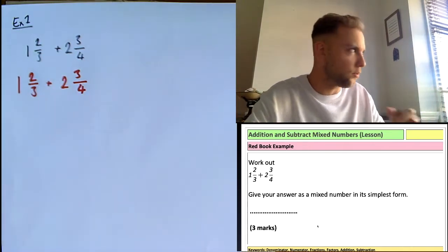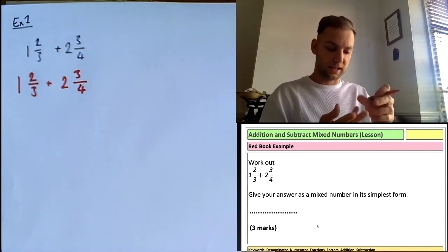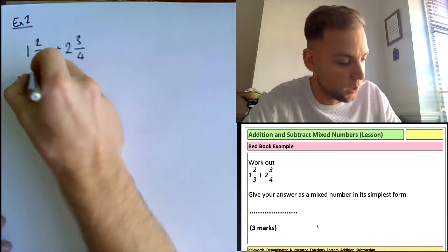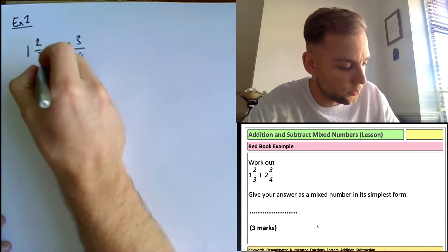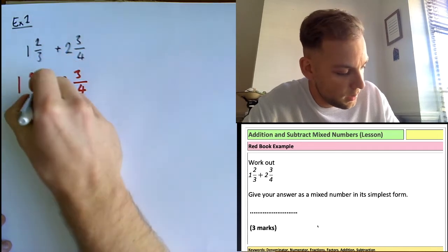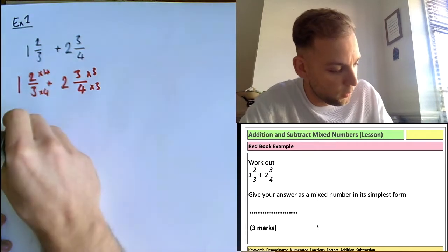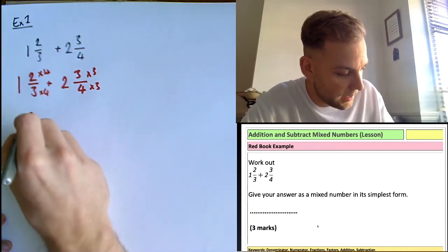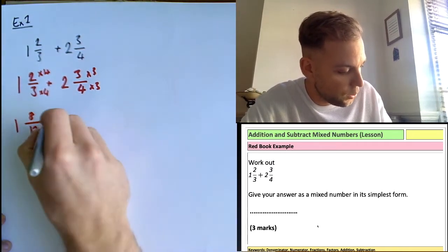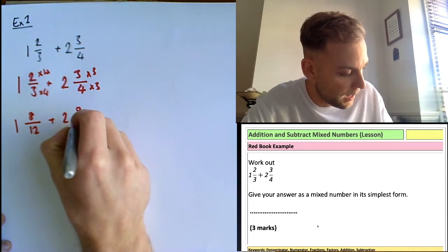So 3 and 4: 3, 6, 9, 12; 4, 8, 12. They both go into 12. So times this one by 4, times by 4, times by 3, times by 3. I end up with 1 and 8 over 12 plus 2 and 9 over 12.